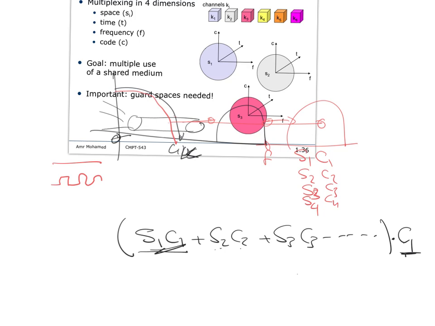Which means essentially you can achieve very high spectrum efficiency using the codes. So this was the biggest motivation towards 3G. Okay, so in 3G, they increased the data rates by increasing the spectrum efficiency using orthogonal codes.